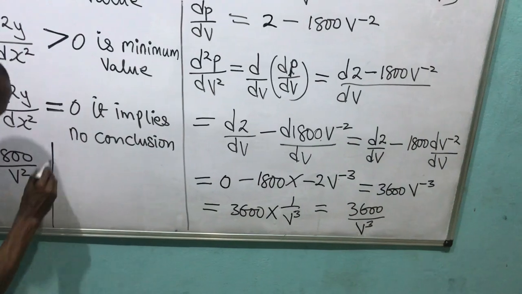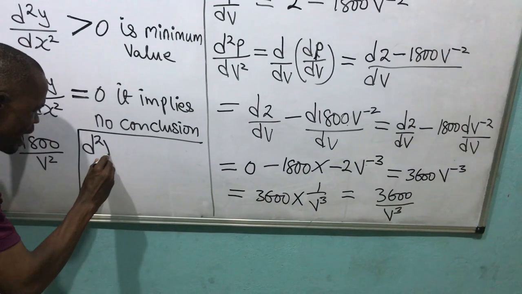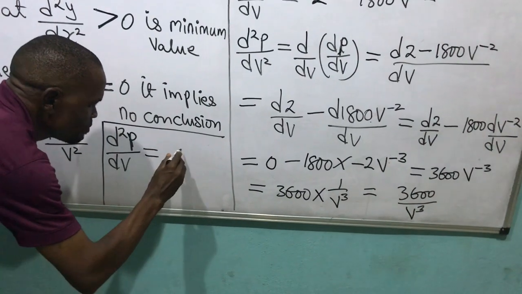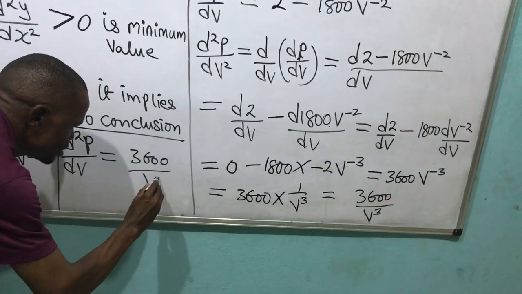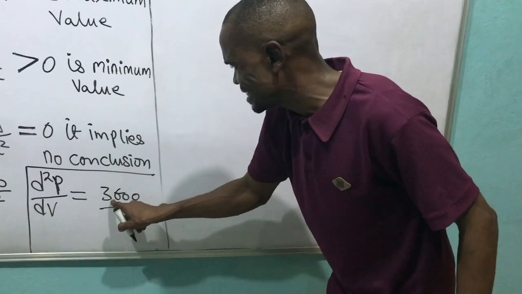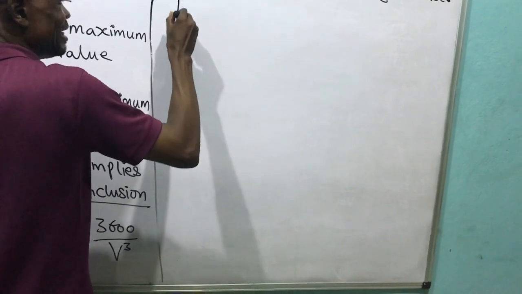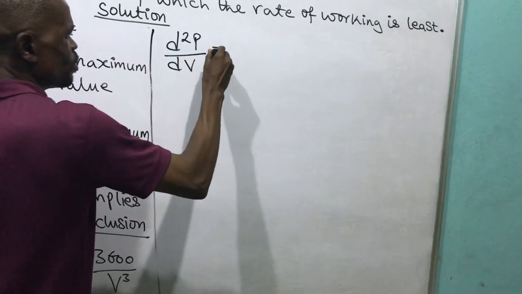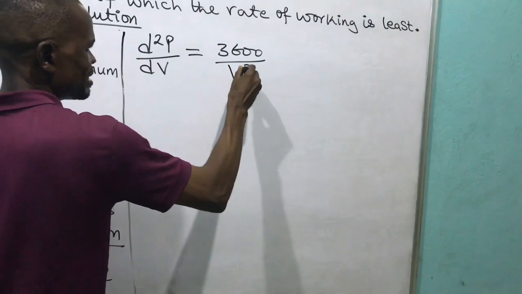Let us complete it here. What it implies is that d squared p over dv squared is equal to 3600 over v raised to power 3.